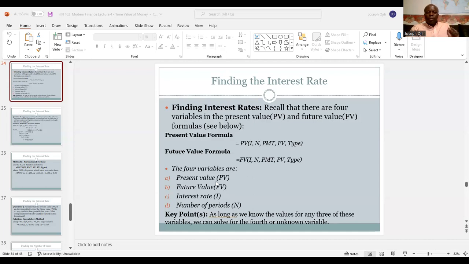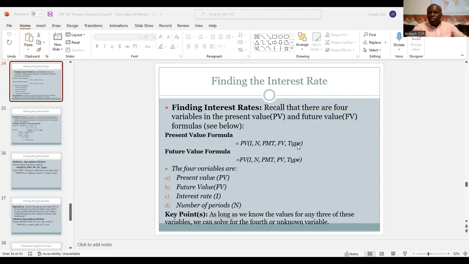Those four variables are present value, future value, interest rate, and number of periods. Number of periods can be number of years, number of days, number of months. And when you look at the formula for present value, you can see that the four variables are here.